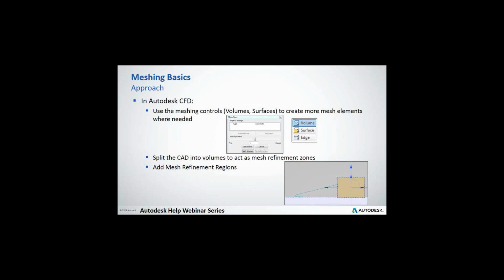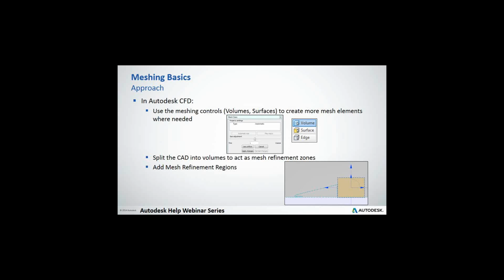If you say, okay, I want to refine this volume, you just need to select the volume and refine it. Or you say, I'm running, for example, a free surface analysis, and I want to make sure that the free surface is well refined. So you just need to switch to surface and then adjust the size of the mesh element over the surface.